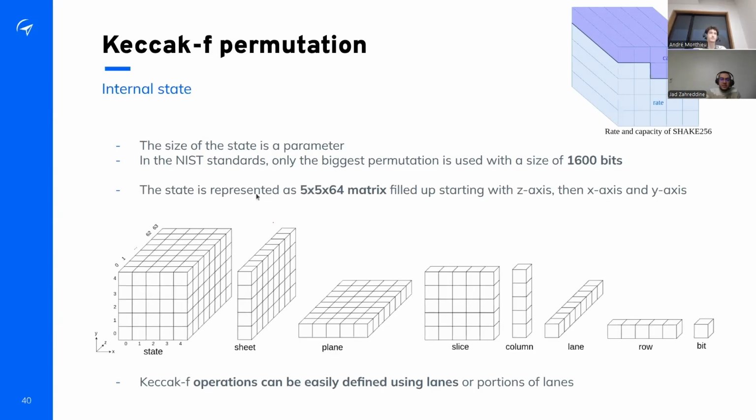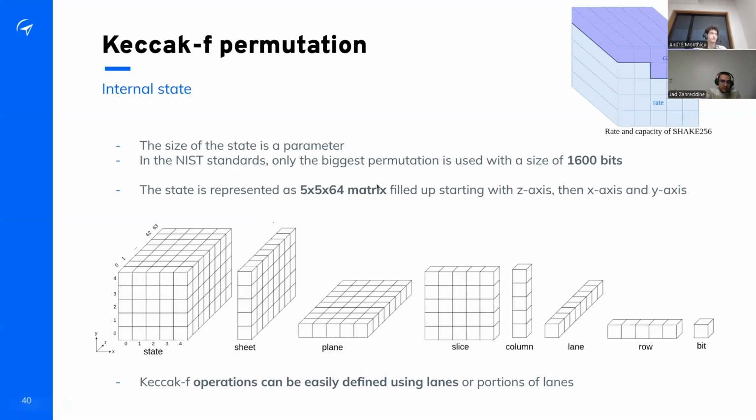So this state is represented as a 5 by 5 by 64 matrix, filled up starting from the z-axis, then the x-axis, and then the y-axis. Here is some vocabulary that might be interesting when we want to define the operations on this state. The operations on this state will mainly use columns and lanes, and it's important to note here that Keccak-F operations can be easily defined using lanes or portions of lanes.